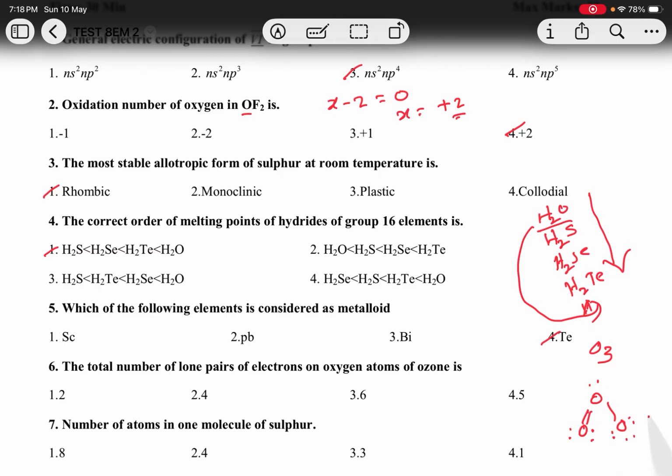So consider this oxygen as 1, this is 2, this is 3. On the first oxygen the number of lone pairs is 3. On the second oxygen, lone pairs is 1. On the third oxygen, lone pairs is 2. So the total number of lone pairs of electrons on oxygen atoms of ozone is 6. Okay.